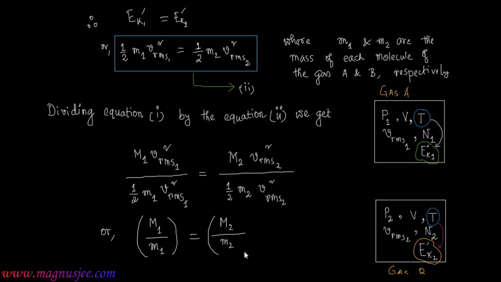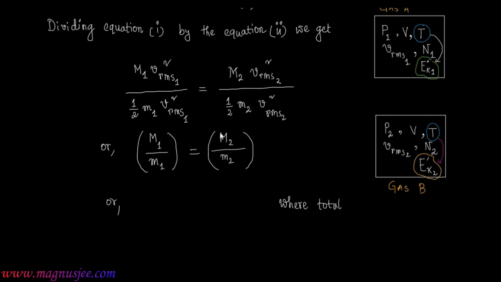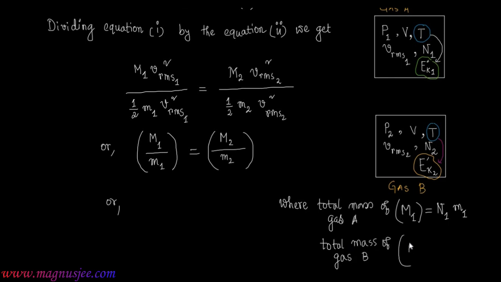On the right hand side, we can write that the total mass of gas A, capital M1, is equal to N1 small m1, and the total mass of gas B, capital M2, is equal to N2 small m2.